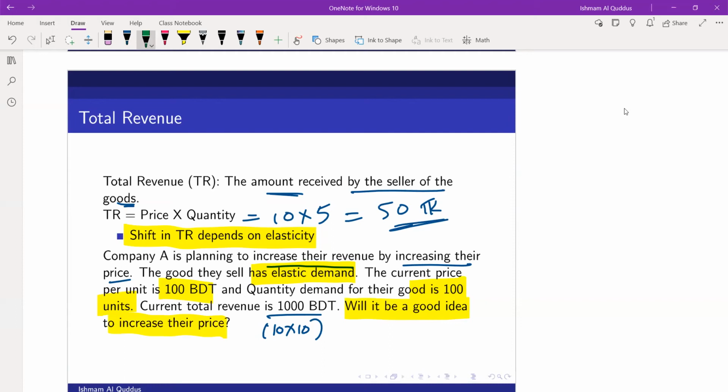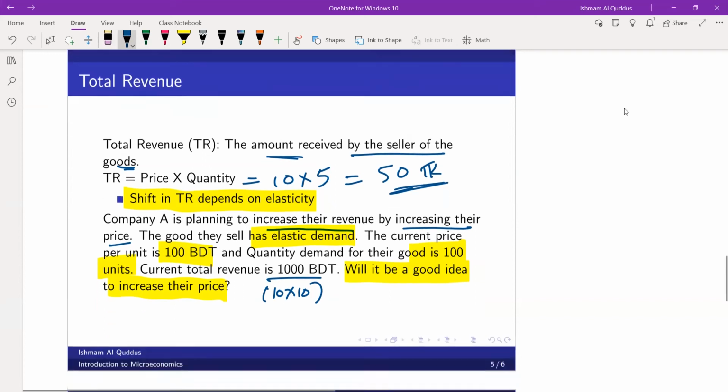And total revenue and total expenditure follow the same thing, price multiplied by quantity. So my question to you is, what would happen if there is an increase in the price? Do you think it's a good idea or a bad idea? I want you to think about this.